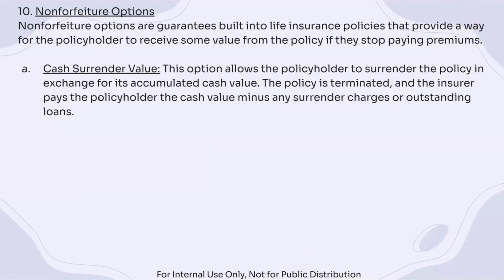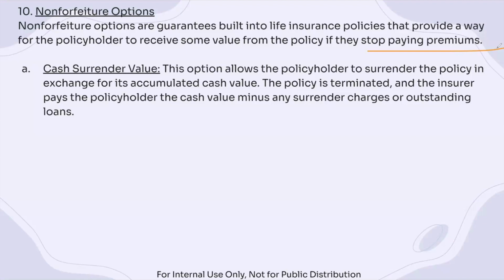All right, and then we're looking at our non-forfeiture options. So what are non-forfeiture options? Well, they're guarantees built into life insurance policies. The purpose is that if the policyholder decides to totally stop paying premiums, what are some ways they can still obtain some sort of benefit or continuation of coverage, because they've already paid premiums maybe for 5 years now?